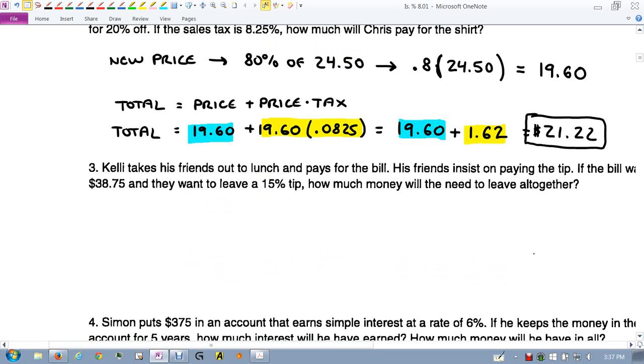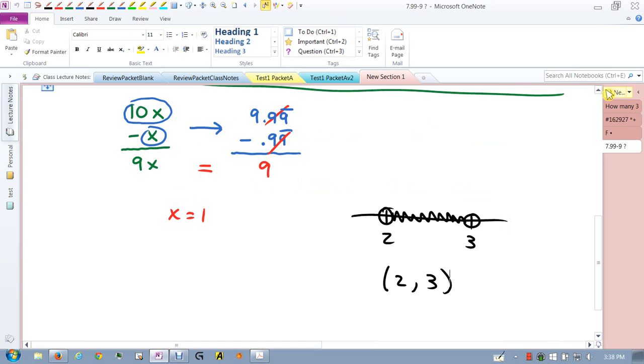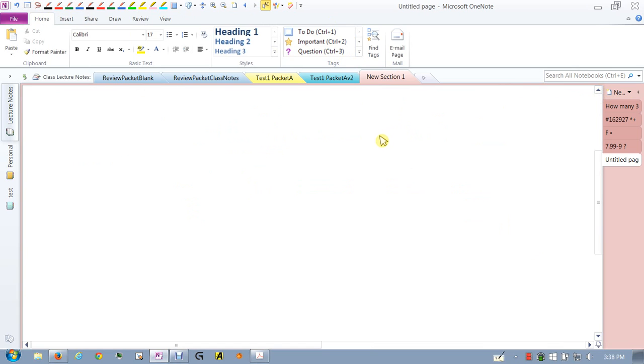I have a question. This is not off topic or tangent, it's on topic, but I want you to consider something. Let's say you have an item for sale, right? And you have 2 options: 20% off, or you can take 10% off and then 10% off again.